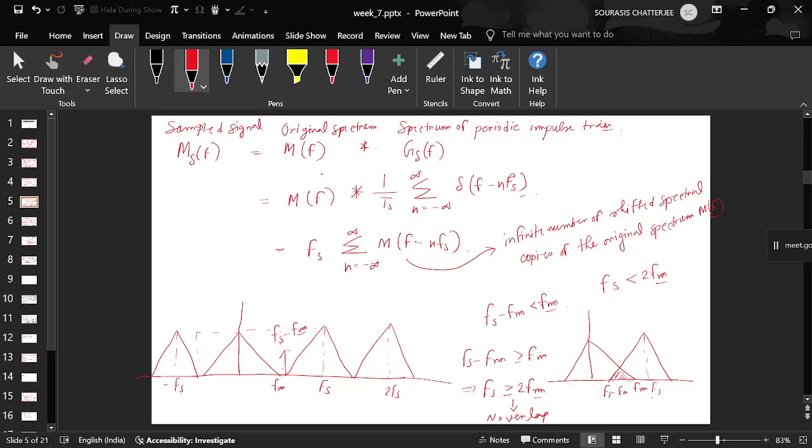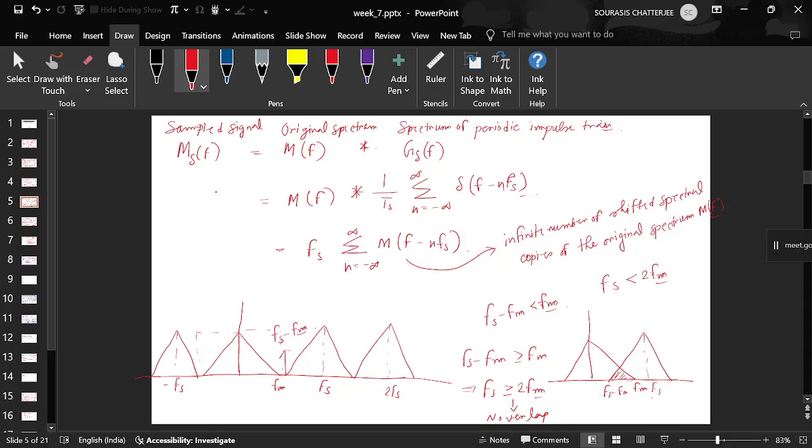So what you are going to observe here, these are basically convolution with the shifted impulse, going to result in the shifted original spectrum. So basically you are left with some scaling factor and infinite copies of the original spectrum that have been shifted by integer multiples of the sampling frequency.